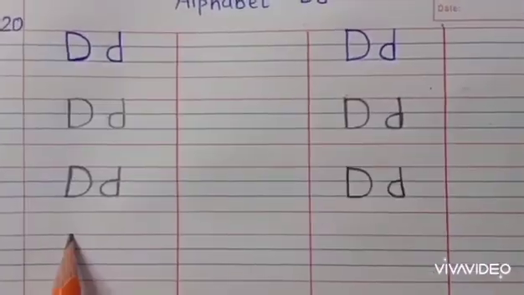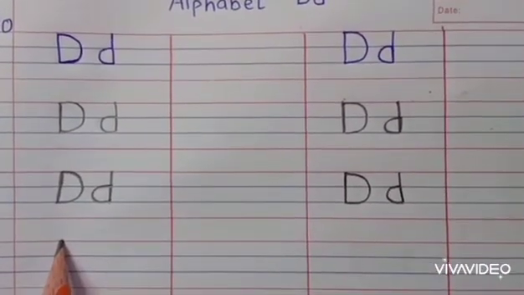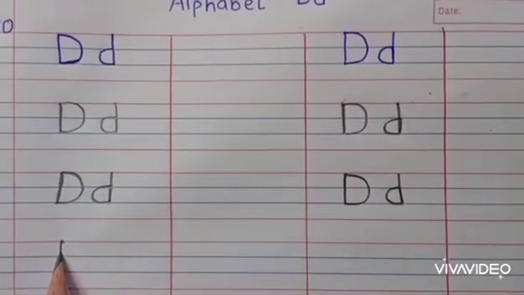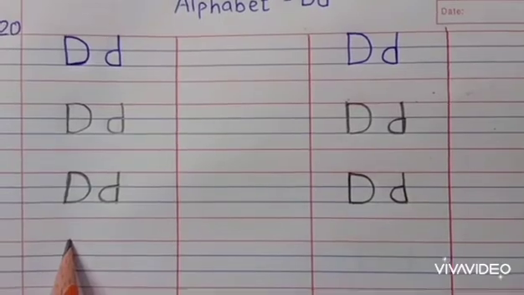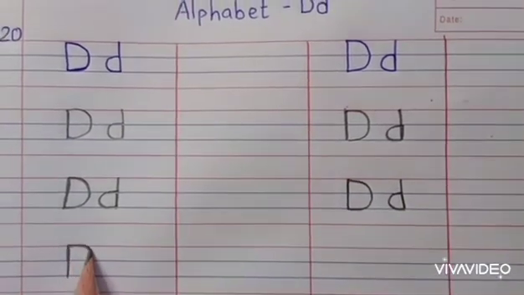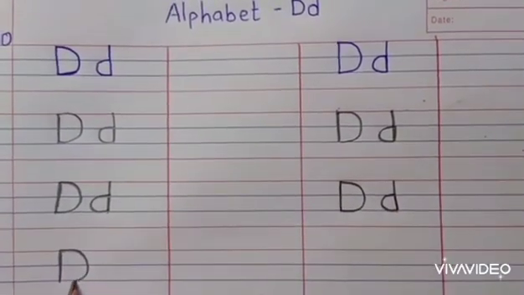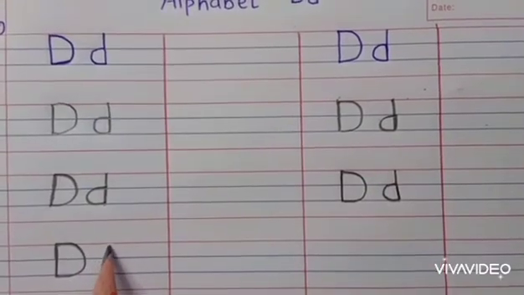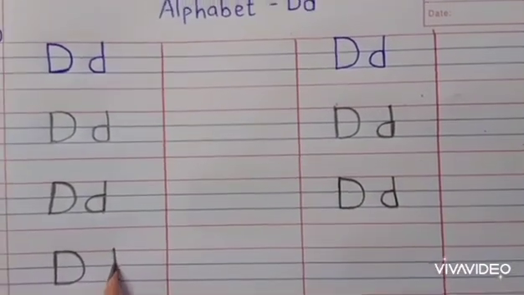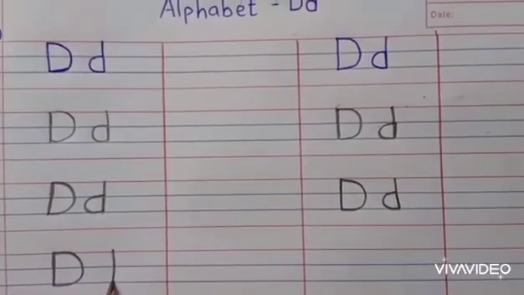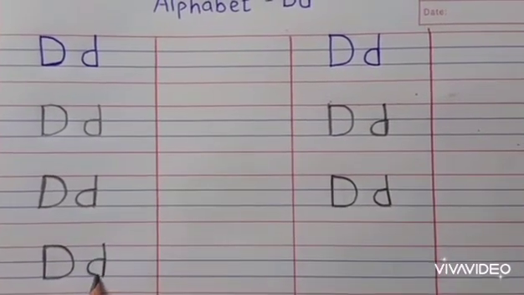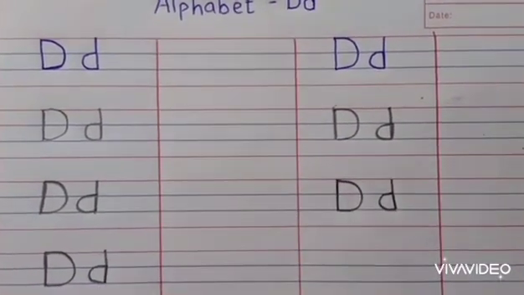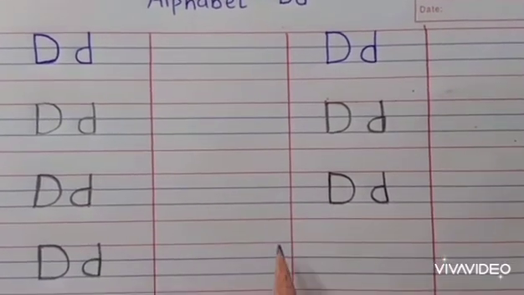Again we will write capital D, in the same way, with a reverse C curve. Now we will write small d with a C curve touching the second blue line.